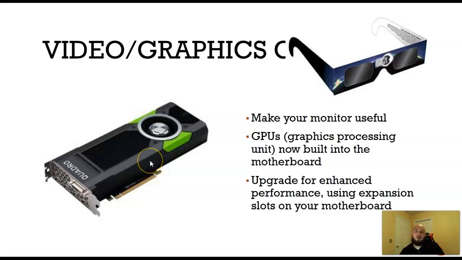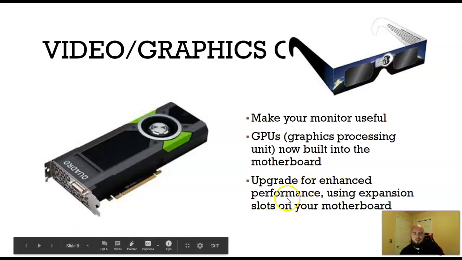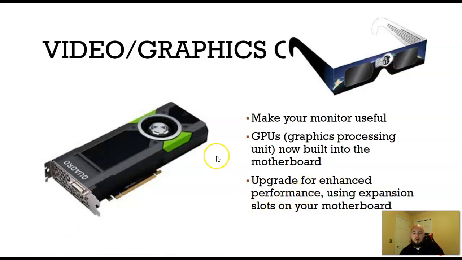It does help, but it's not super necessary. We just want it for enhanced performance. A lot of motherboards have these built in, but I will say that the integrated ones are not super awesome. You're going to be able to do really basic things, but beyond the basics of a computer, like if you were trying to play Call of Duty, you would need to buy a GPU.